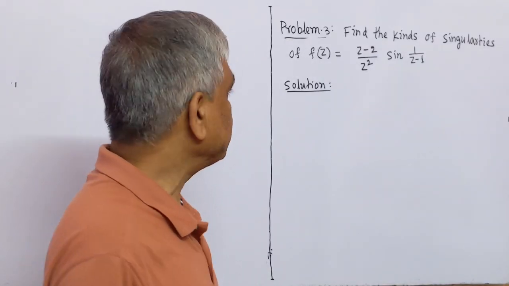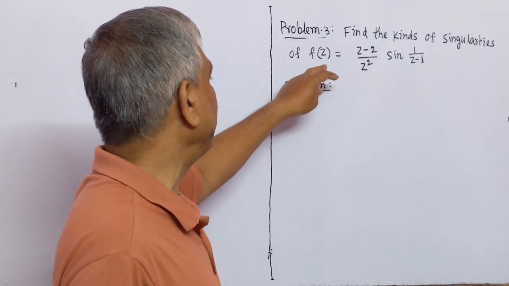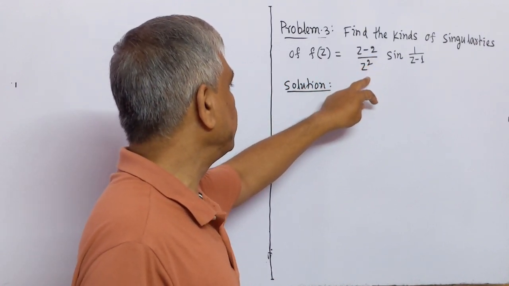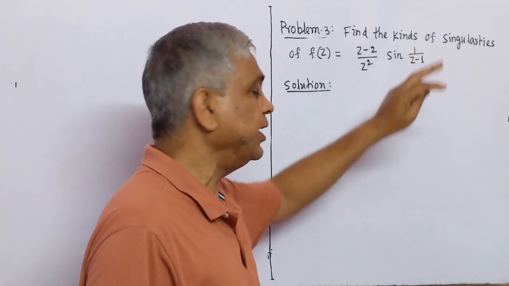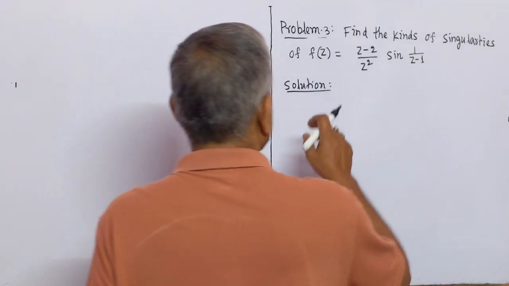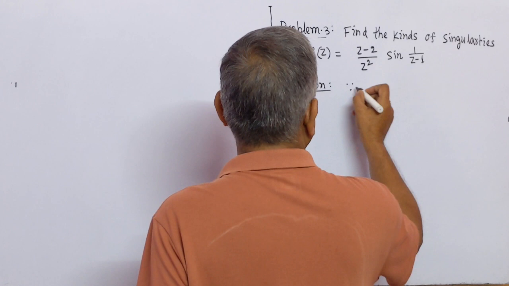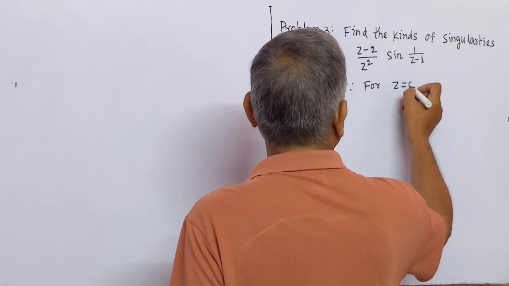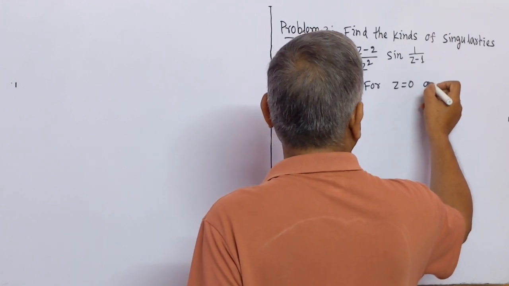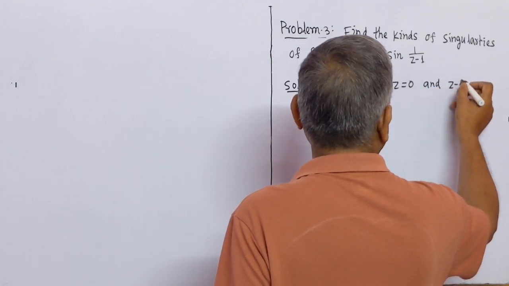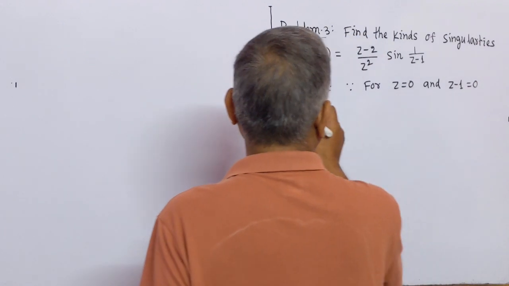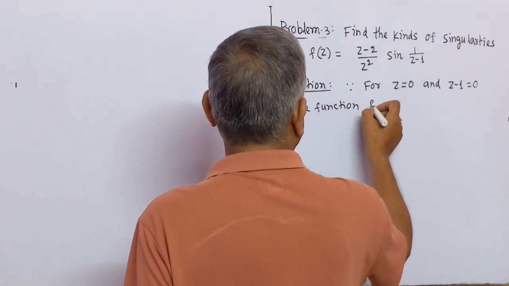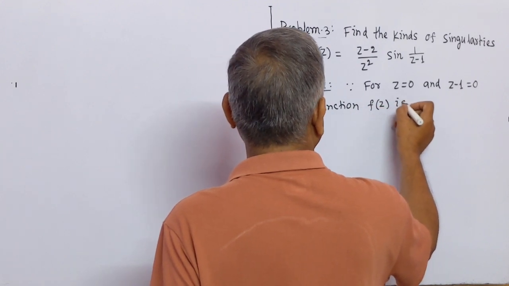Now we solve the next problem. Find the kinds of singularities of f(z) = (z - 2)/(z² sin(1/(z - 1))). Solution. Since for z = 0 and z - 1 = 0, the function f(z) is not defined.